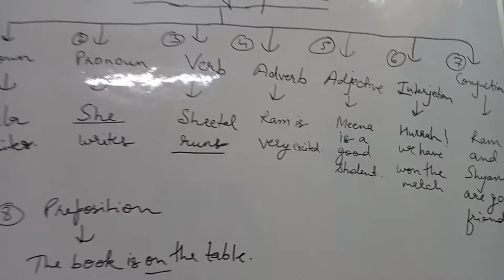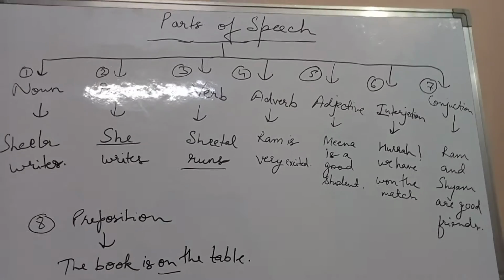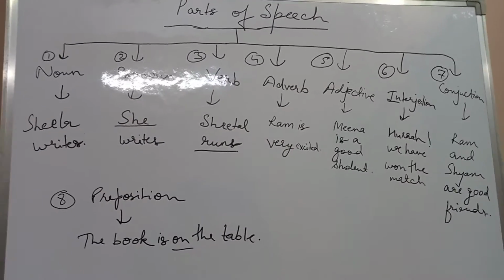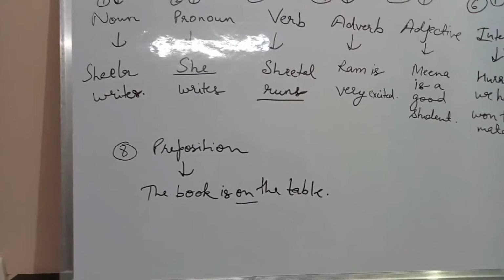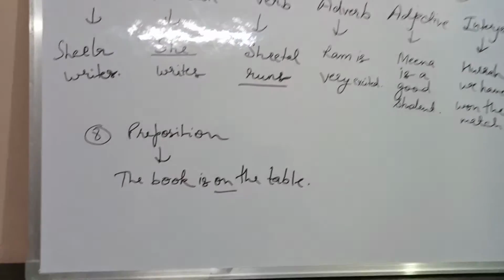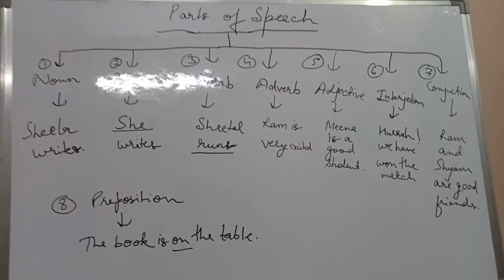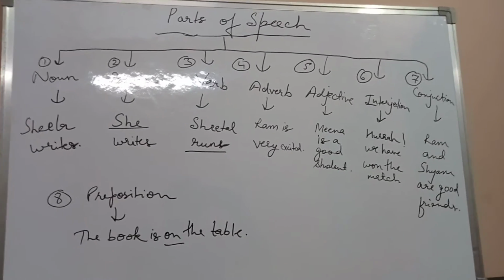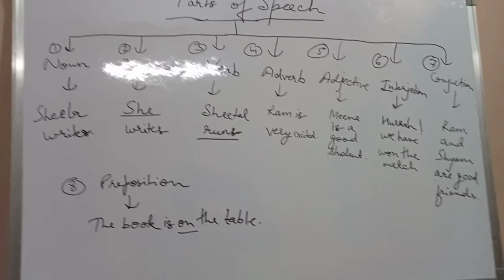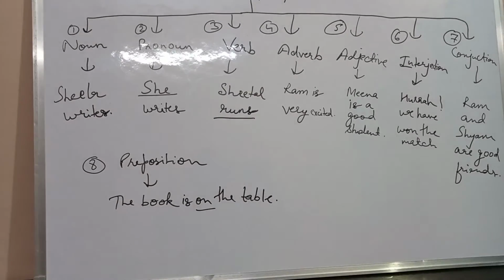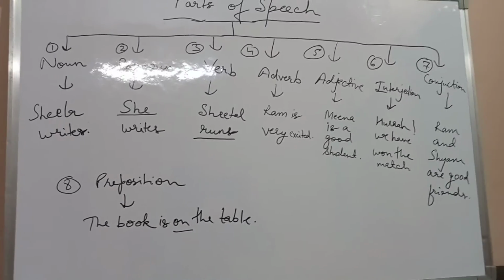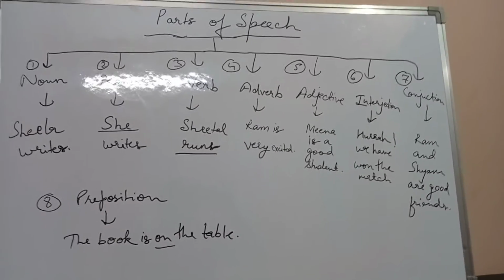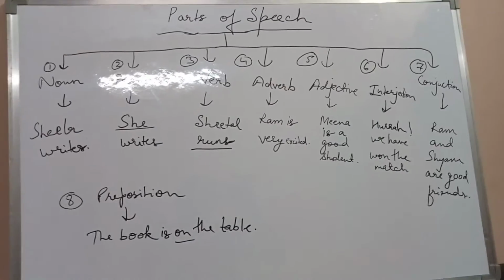Conjunction. For example, if there are two buddies, how will we connect them, how will we talk about them, that both persons are in friendship with each other. For example, Ram and Shyam are very good friends. So we talk about both in combination with the help of a conjunction in a sentence.